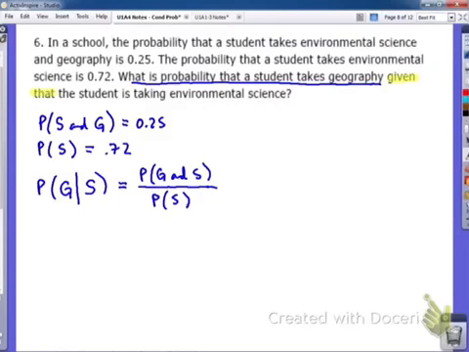Now let's fill out the numbers. What numbers go on the top? What numbers go on the bottom? Let me hear from Sierra. 0.25, that's correct. 0.72, that's correct. So now, get your calculators out, figure out what that equals.